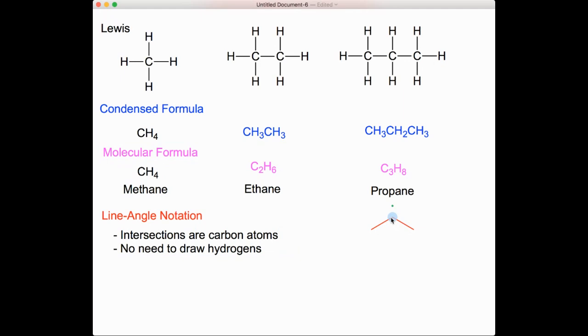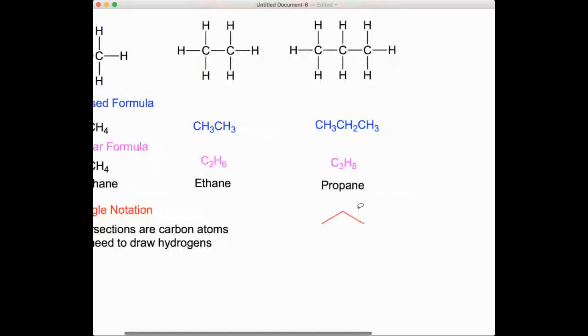So it has 2 bonds, meaning that it's missing 2 bonds. Those 2 bonds must be hydrogens. How many hydrogens on the end carbon? 3 hydrogens. Beautiful. Okay.